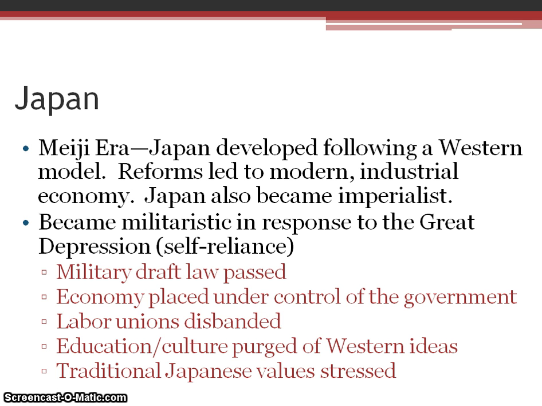The Great Depression affected the world economy, all the countries that are connected in trade. So they saw that if they relied on themselves, they wouldn't be affected by the negative economic downturn that's happening worldwide. So as part of becoming more militaristic, they passed a military draft law.